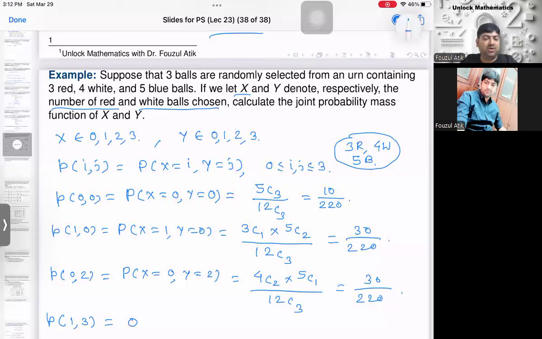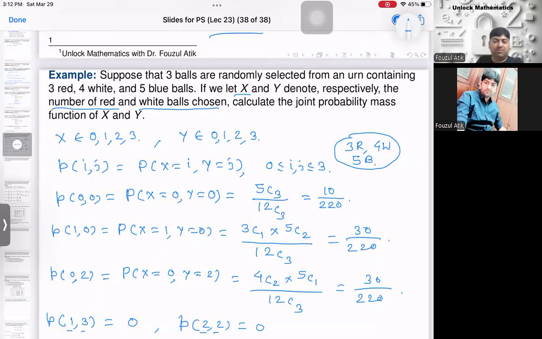Among three balls, how can one be red and three be white? Not at all possible. Similarly, P of 2, 2: among the three balls selected, two balls are red and two balls are white. Is it possible? Not at all possible. This probability is also 0. So whenever this sum is more than 3, the probability will always be 0.